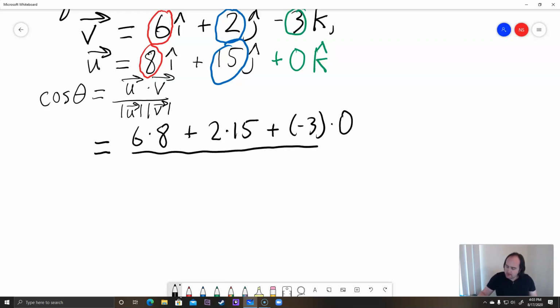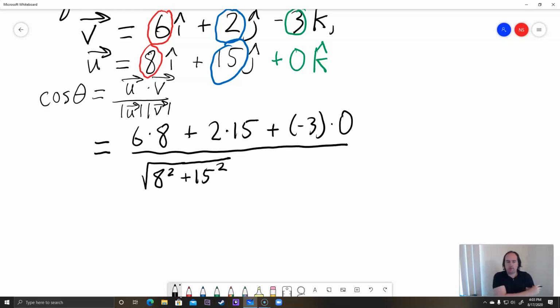All right, and then this is all over the length of u times the length of v. So that's going to be the square root of 8 squared plus 15 squared. That's for u.